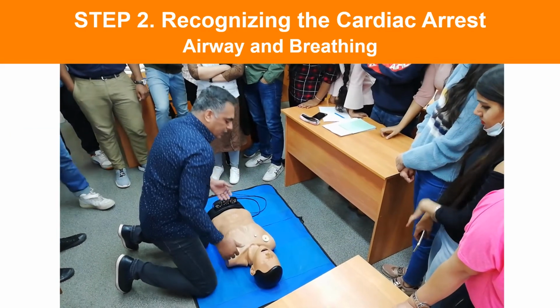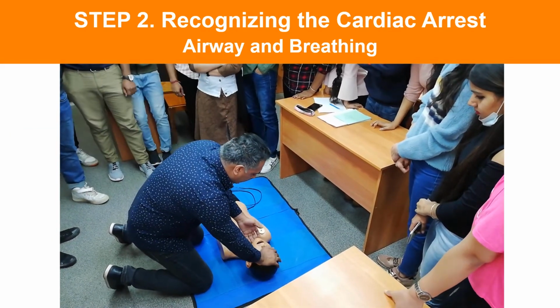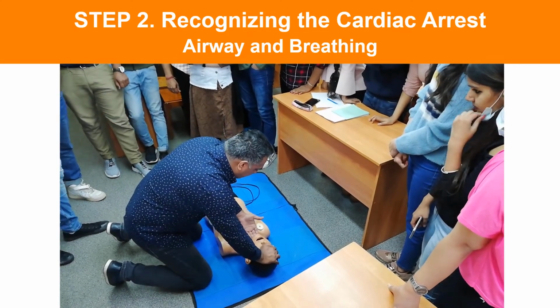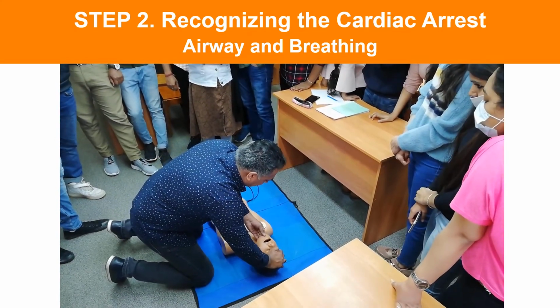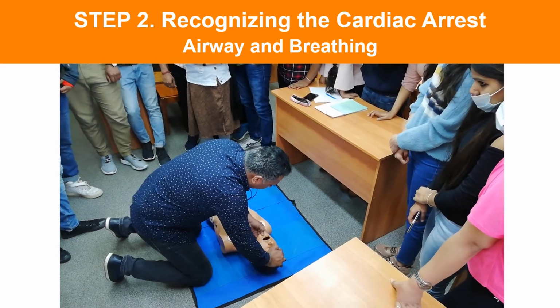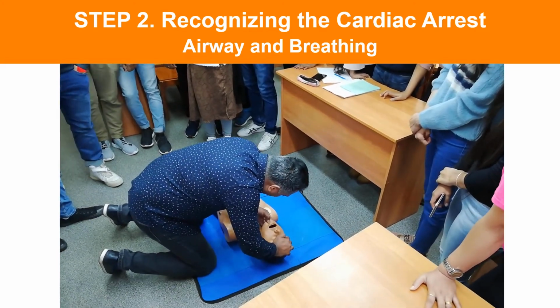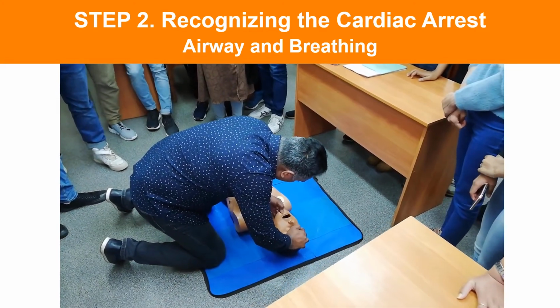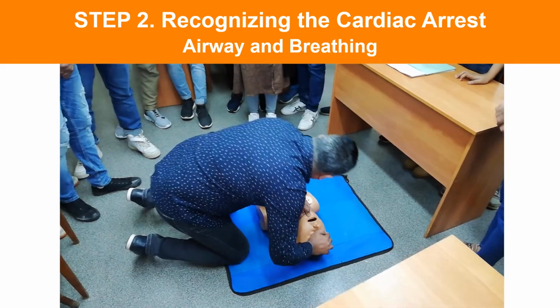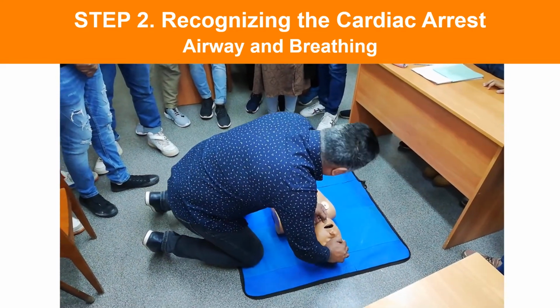Check for breathing. I will put one hand on the forehead, other hand below the chin, head tilt, chin lift. I will open the airway. I will check inside. Nothing inside. It means airway is clear. Next thing is, I will check the breathing.